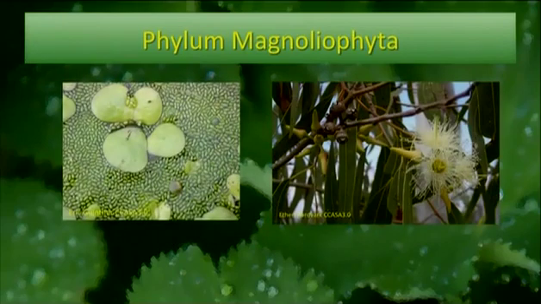Over here on the left, we can see duckweed in Waimanalo. See how small the plants are? Very small, only a few millimeters large. And here are some flowers of eucalyptus. Eucalyptuses are related to paper bark.